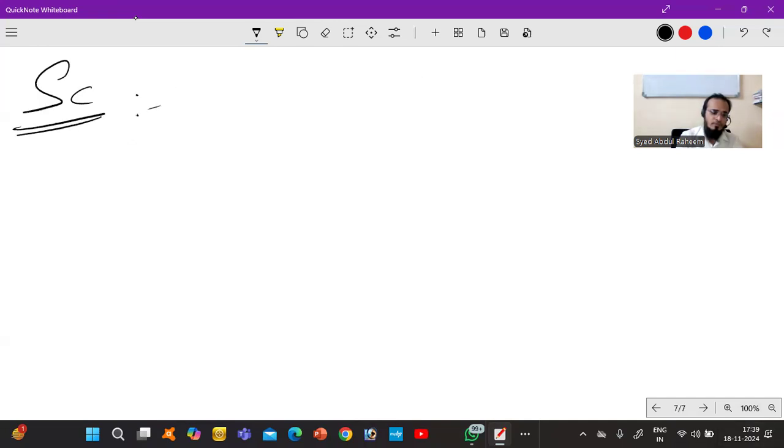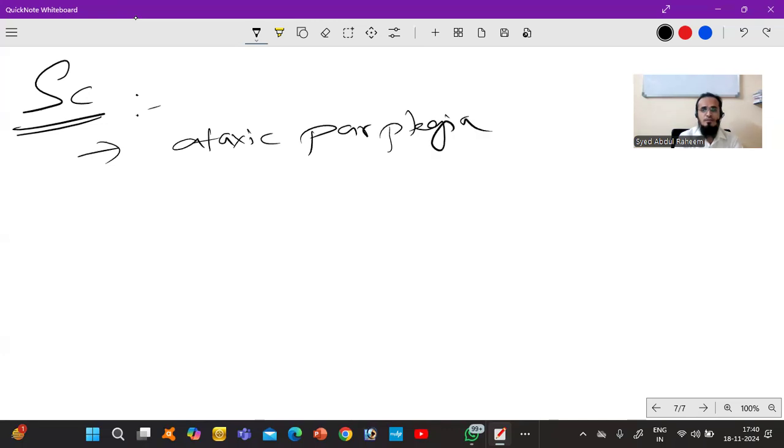In the spinal cord, what symptoms appear? Mostly they have ataxic paraplegia, meaning in all the limbs they have weakness, unable to lift the hand and legs. This is one of the symptoms.